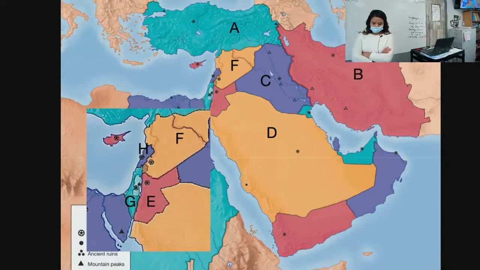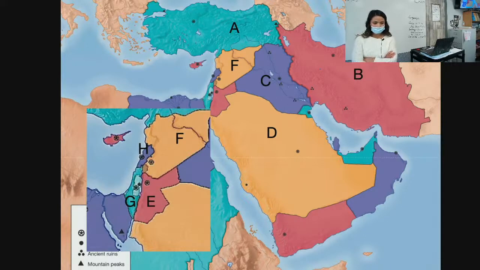Then highlight the country of Jordan and the capital city of Amman. Okay, highlight Israel and the capital city of Jerusalem. Not Oman, Amman, the capital of Jordan, which is in the little box.